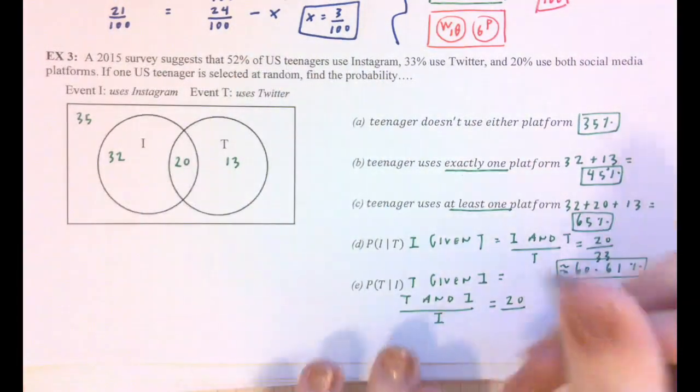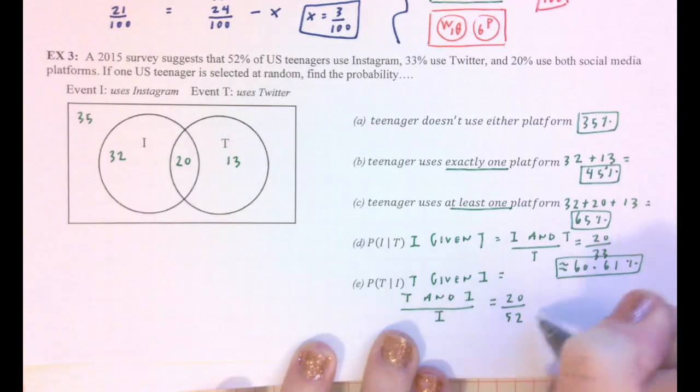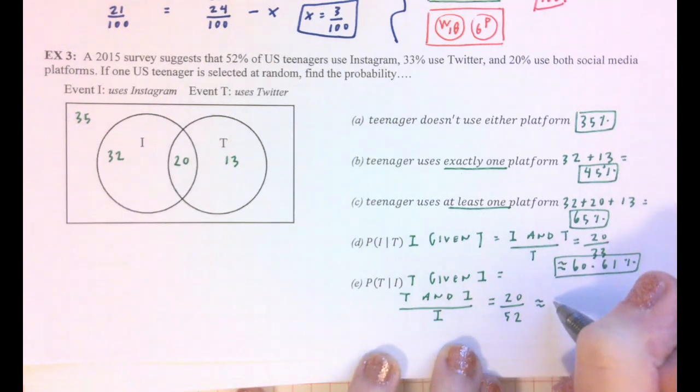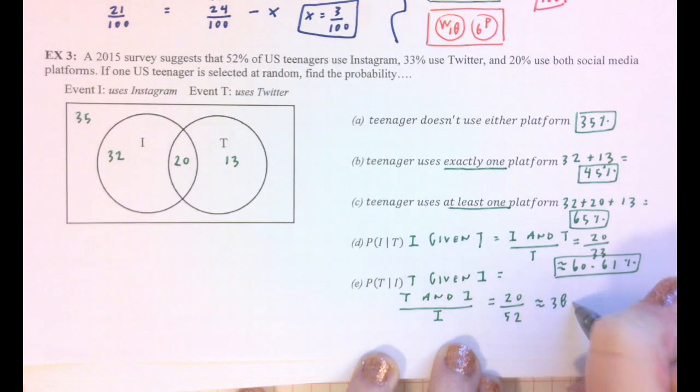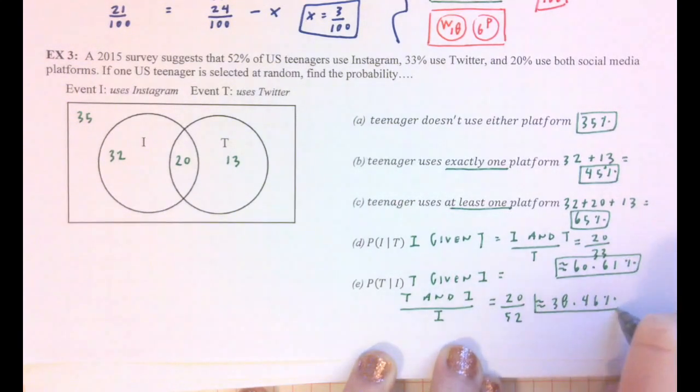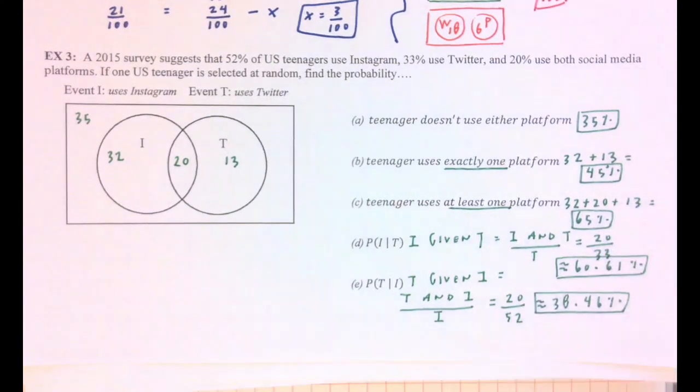So my denominator is 52. And I'll do the same thing. I'll write it as a percentage. Usually if I give it to you as a percentage, I like to take it as a percentage. So when I type that in, that's going to get me 38.46%. All right, let's flip the page. Let's look at the back.